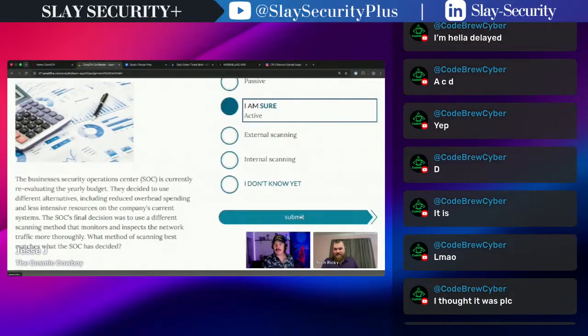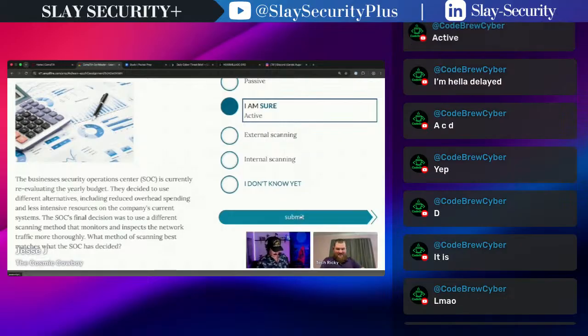Let's give Code Brew, because he's hella delayed, just a minute to put his answer in chat. He's probably typing like C furiously or something. All of a sudden, we're just going to get a whole bunch of the same letter coming through. He's gonna get delayed because he typed the same answer 10 times in a row. Sometimes Jerry will ask something in chat, like, "Hey mods," he'll ask a question. We'll answer it, but then he'll go with whatever answer he may have Googled and it'll be wrong.